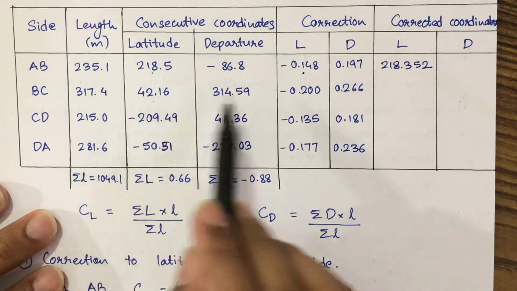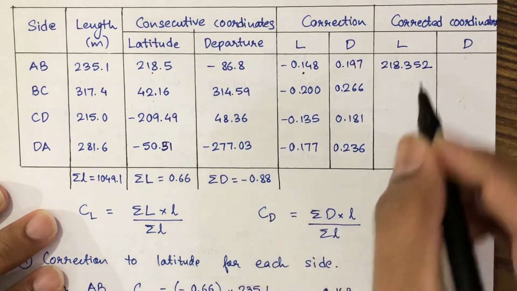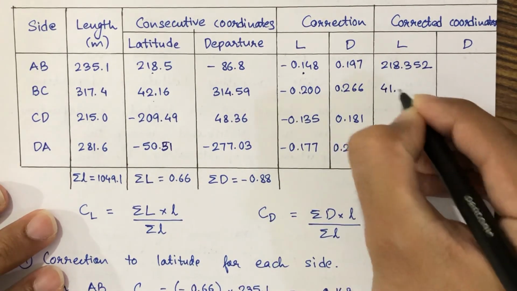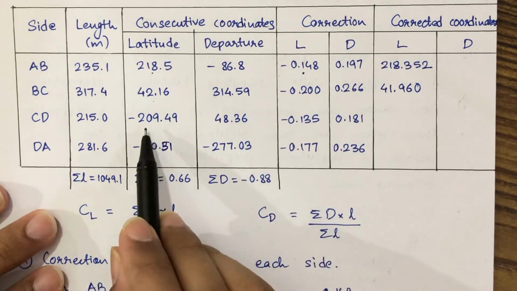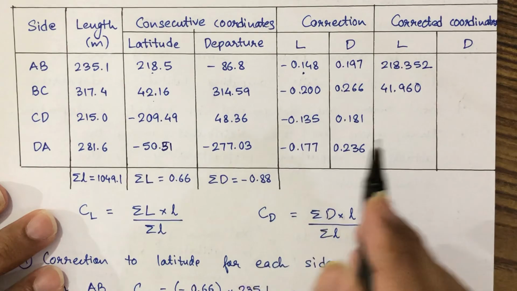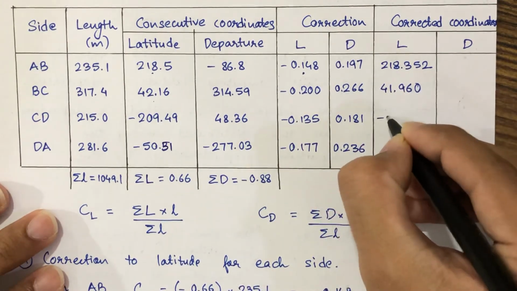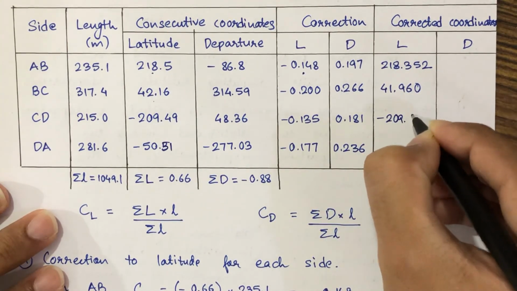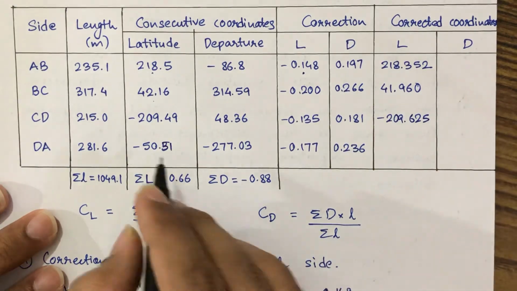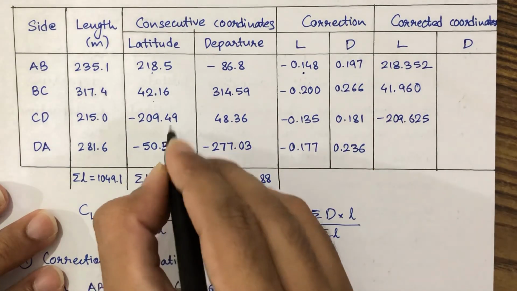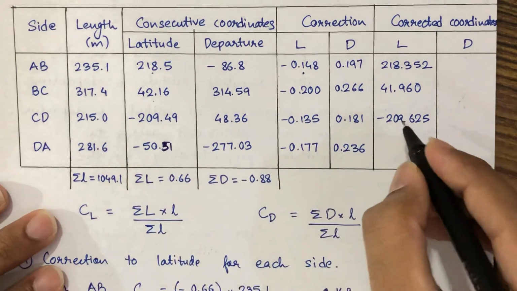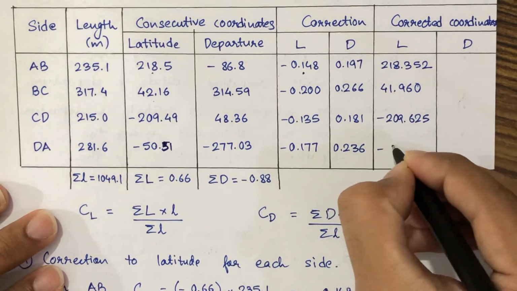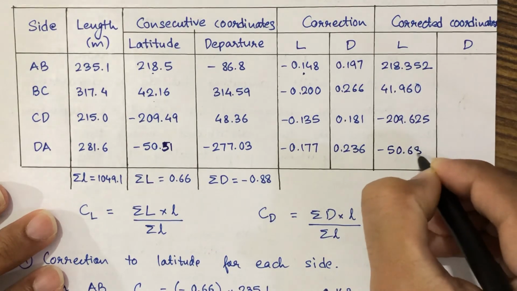Then 42.16 minus 0.20 comes out to 41.960. Then 209.49 minus 0.135 is minus 209.625. Then 50.51 minus 0.177 comes out to minus 50.687.